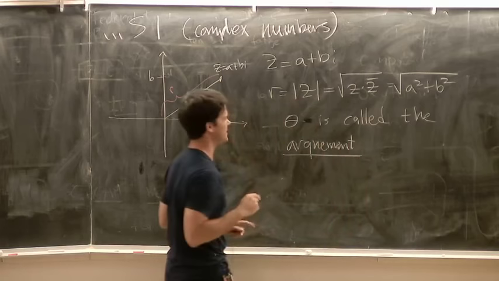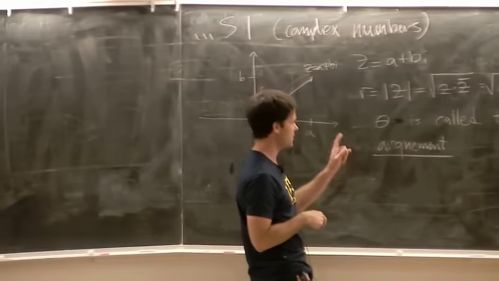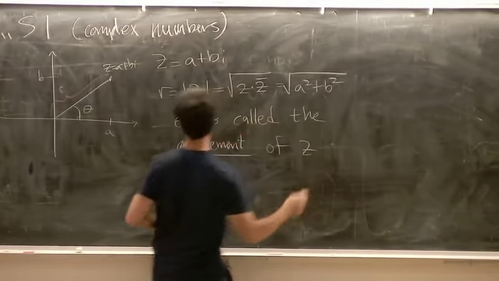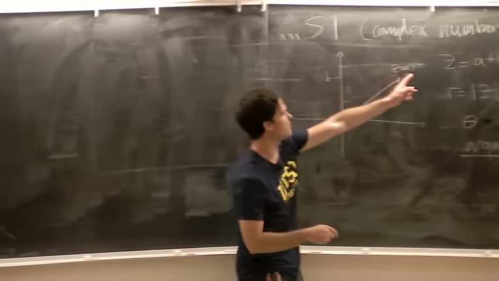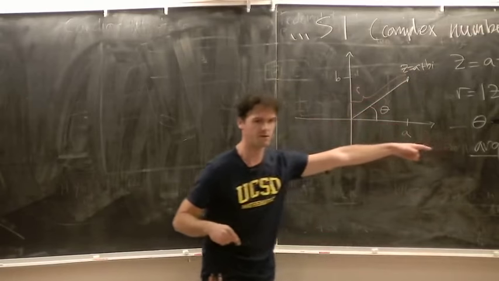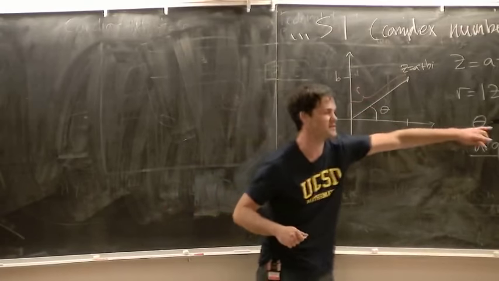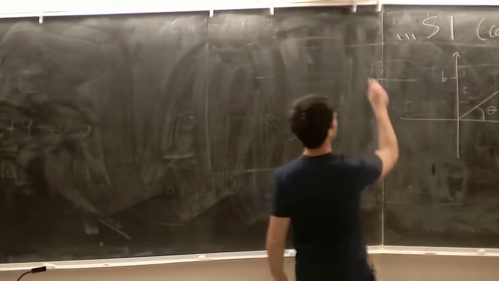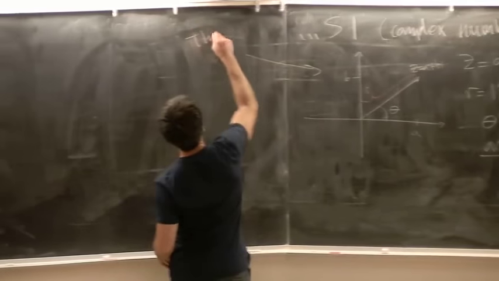The word argument has different meanings even in math, but in the context of complex numbers, it's the angle that the complex number makes with the positive horizontal axis in the so-called complex plane. That's what this is called, by the way.